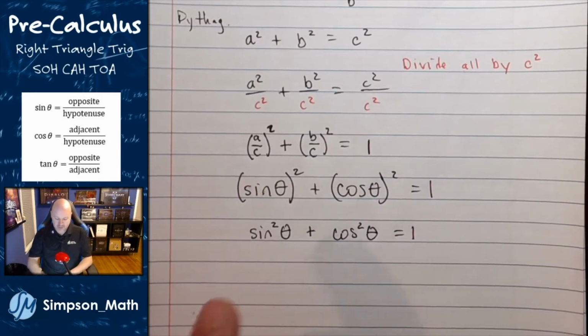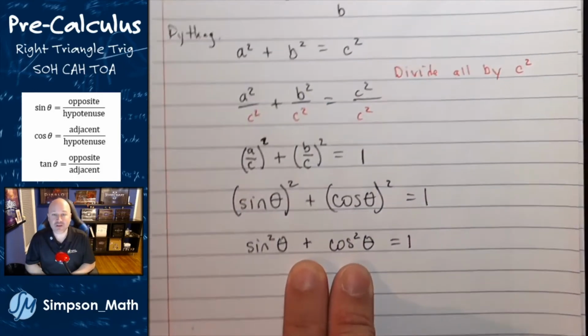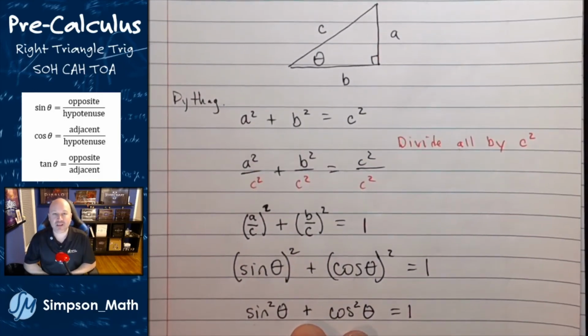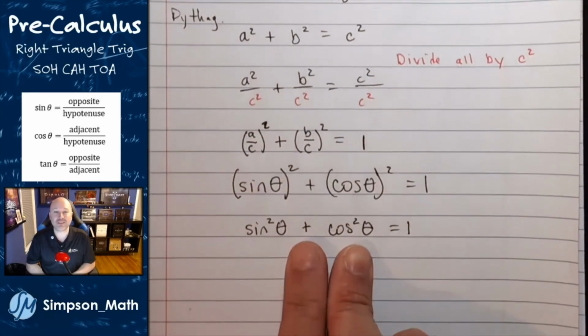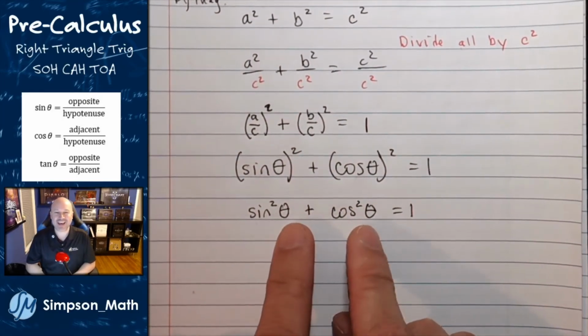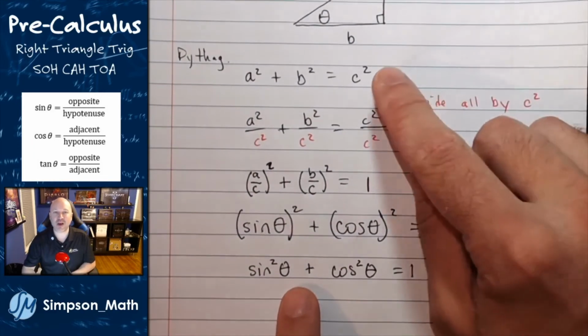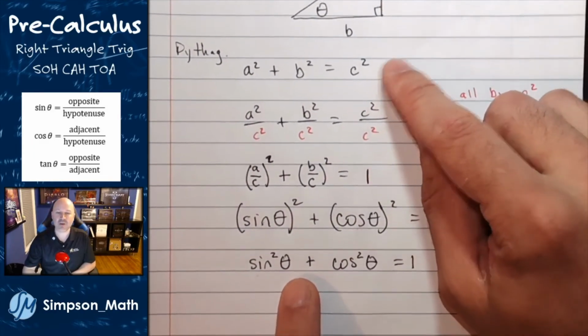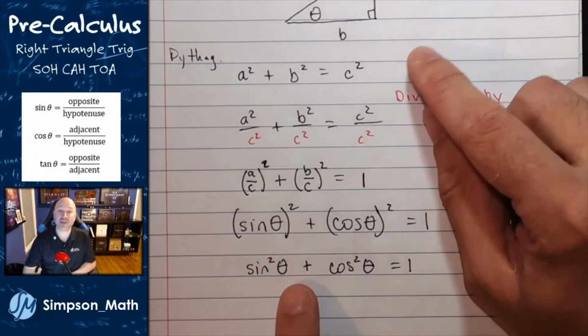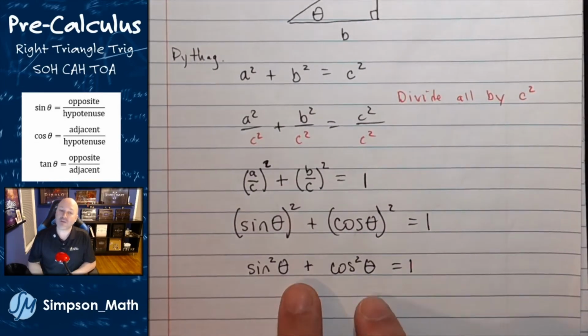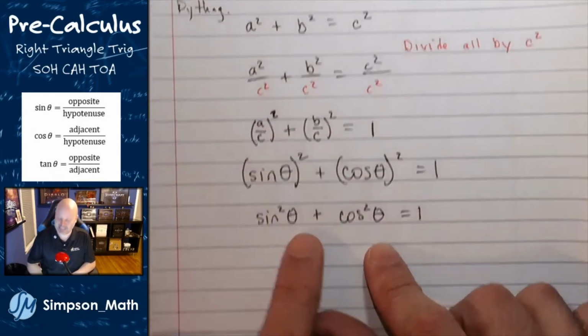All right. But this relationship right here, that's really cool. We're going to be using this relationship a lot. Now this came from just playing around with the Pythagorean theorem. So we call this the Pythagorean identity.